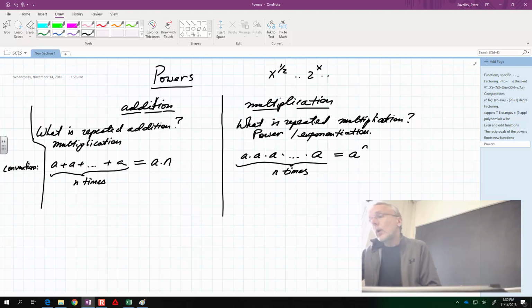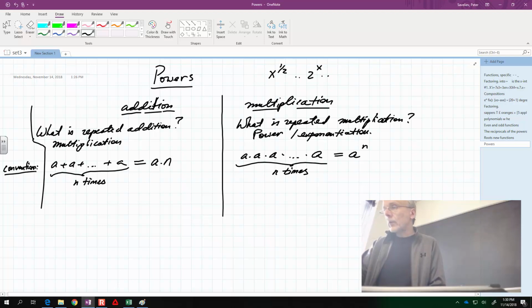We do it once for addition, and then something else for multiplication. Instead of putting a dot between the two numbers, we put the number of repetitions as a superscript. So it's a convention of abbreviation.